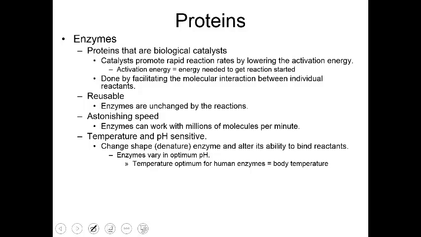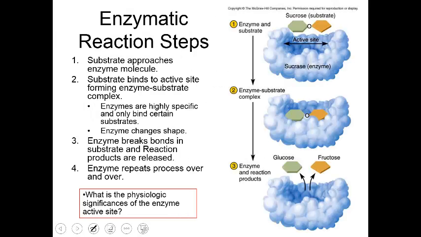Now, within the human body, the optimum temperature is the temperature at which the enzymes work the best, and it is normal human body temperature, which is 98.6 degrees F. When you have a fever, some of these enzymes may not work right. When you have hypothermia, these enzymes might not work right either. So optimum temperature is the normal human body temperature.